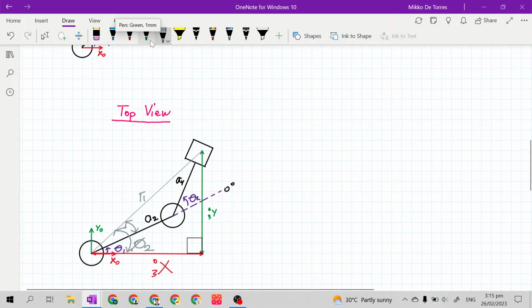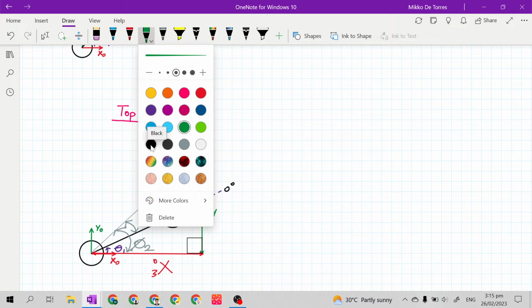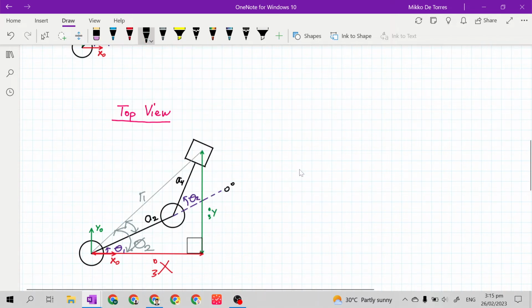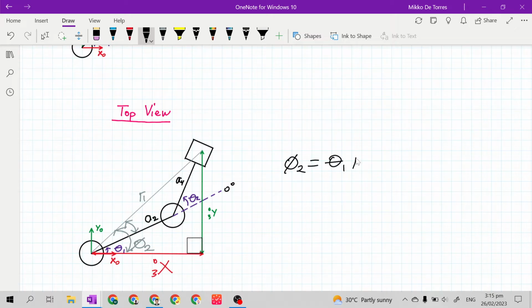So we will have here phi 2 is equals to theta 1 plus phi 1.